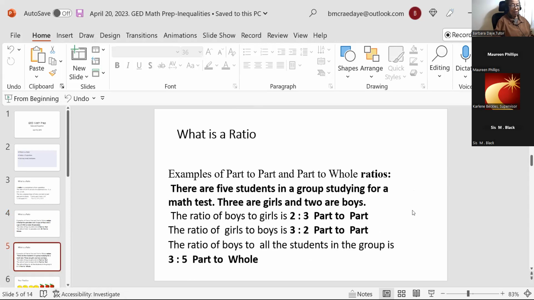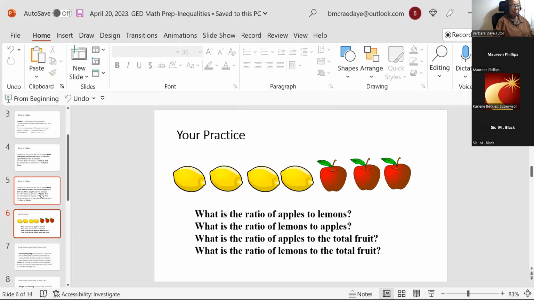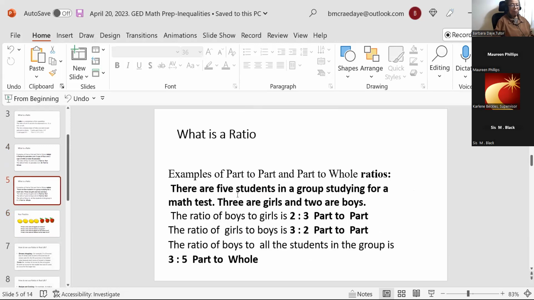All right, here we go again. 5 students in a group studying for a test. 3 are girls, 2 are boys. Boys to girls, there are 2 boys, 3 girls. That's 2 to 3, right? Then the other part is girls to boys. That's 3 to 2. But the total is 5 students in the group.